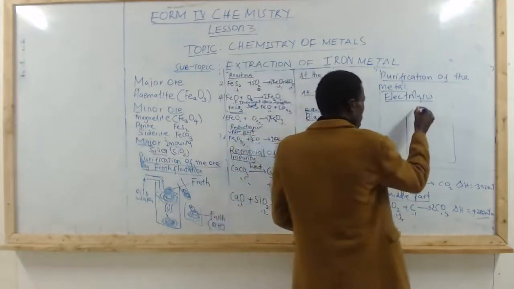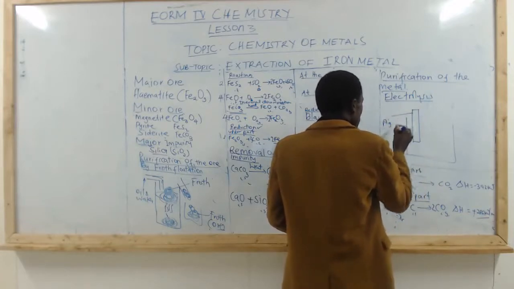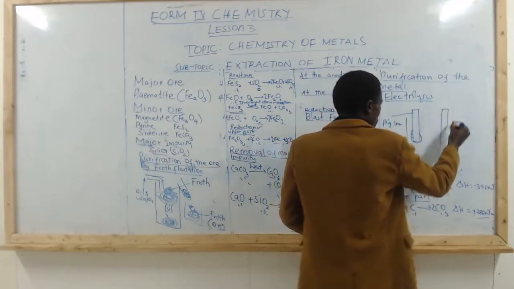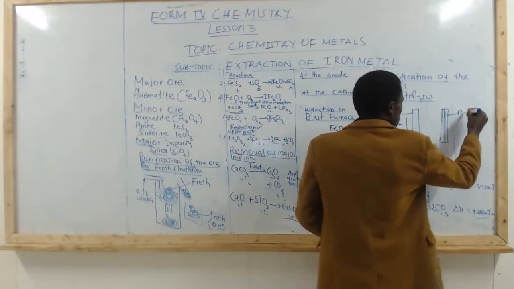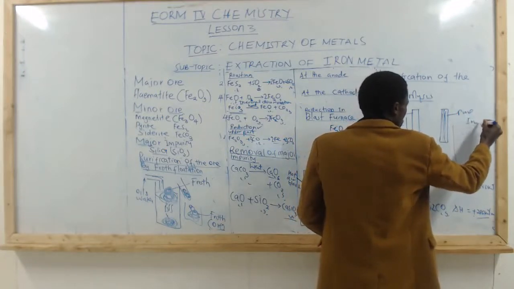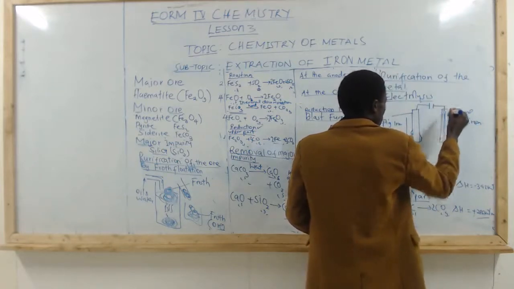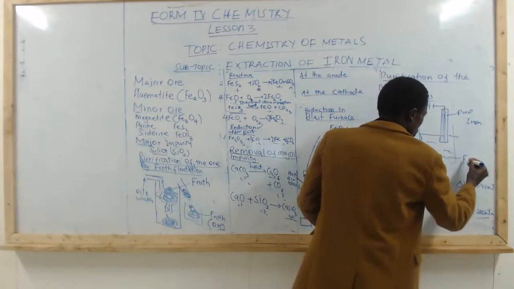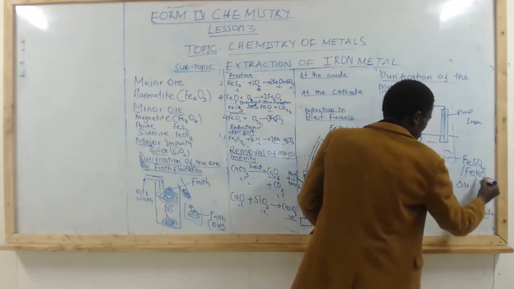Now, the anode is the pig iron obtained from the extraction process, having manganese. And the cathode is the pure iron. Then we must have the DC direct current. And then you dip it into its own solution, say iron sulfate or iron nitrate.